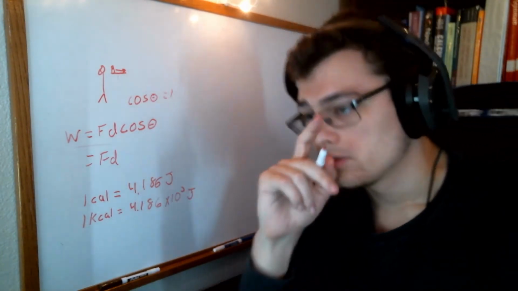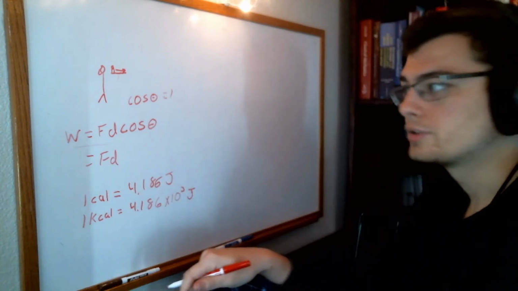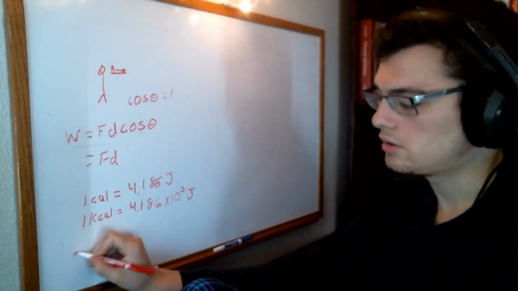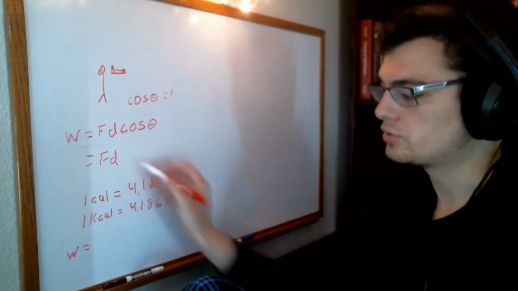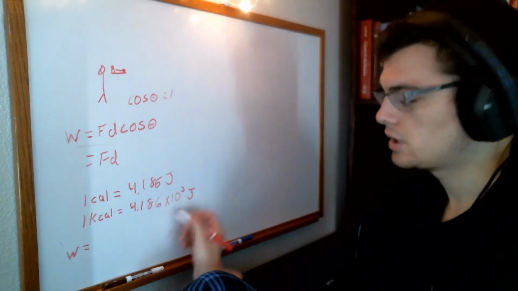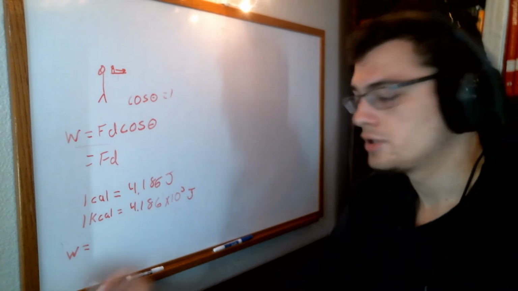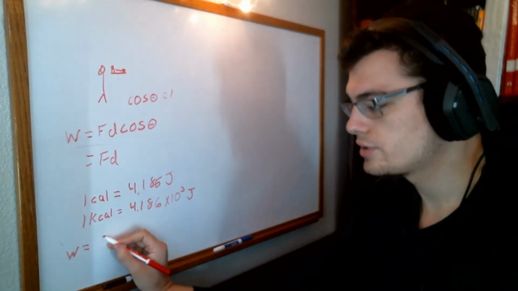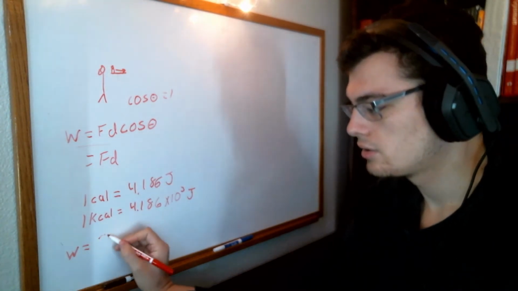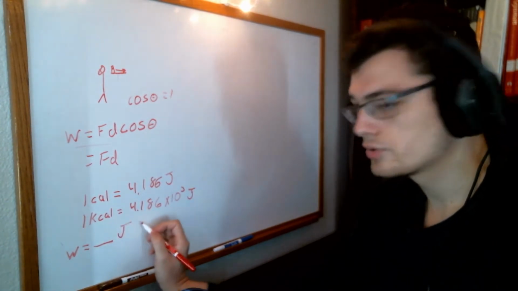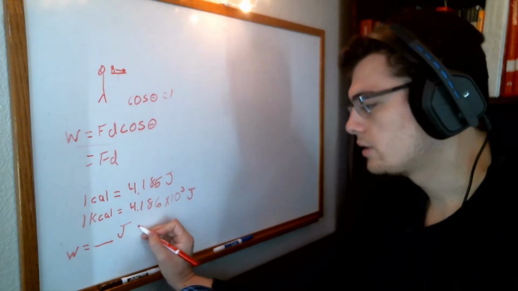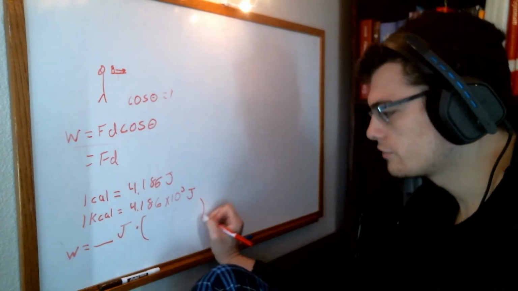Okay. So all we have to do to convert our answer from joules here to kilocalories here is we have to take our answer in joules. So I'll put a little line here, joules, and then we have to multiply it by our conversion factor.